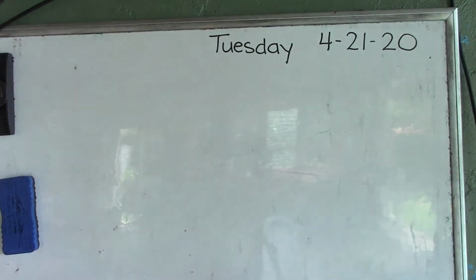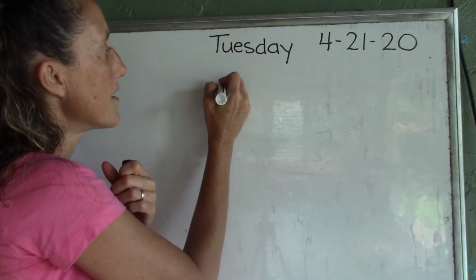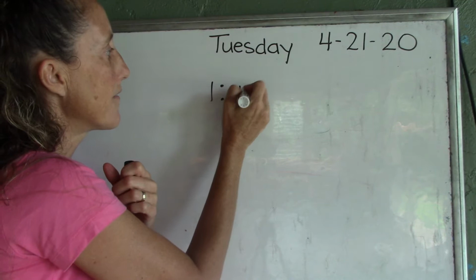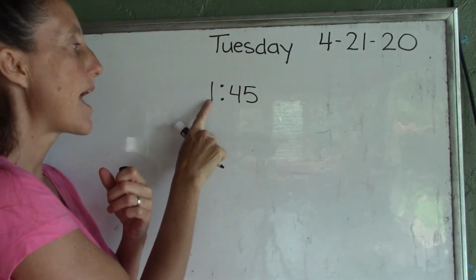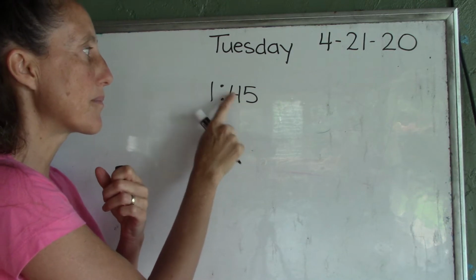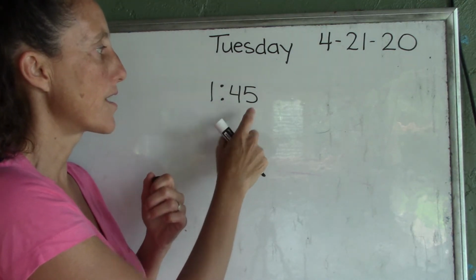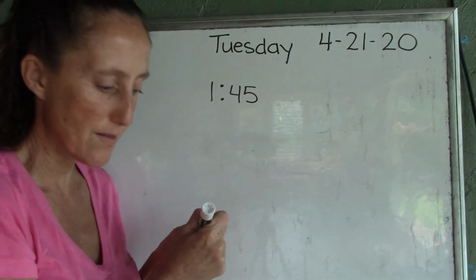And if you look at it, this is what 1:45 looks like. So the hour number is separated by the minute number with our colon right there. So 1:45. Okay, that's how we do that.